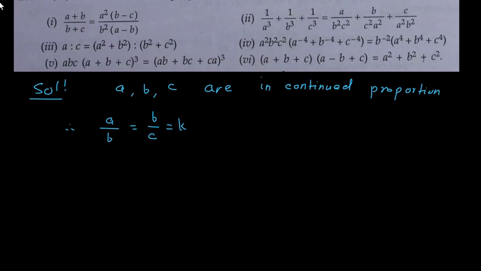We say that this is k. So therefore you have b is equal to c into k, and you have a is equal to b into k. So b is again ck, so it will become c into k, that is ck square.